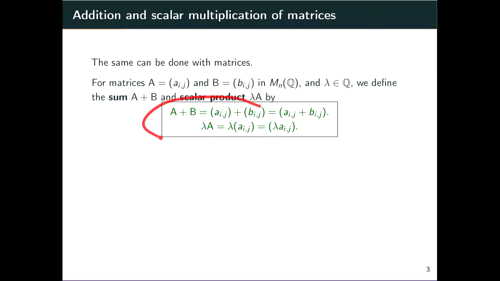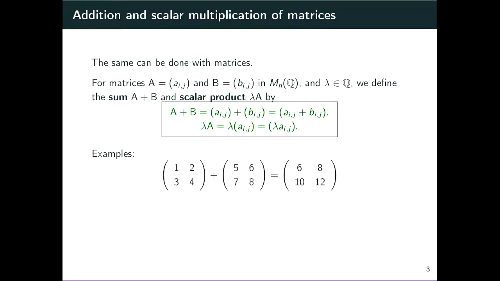So this is kind of a little abstract, so working with an example makes it much easier. If you want to sum these two matrices, then of course 1 plus 5 is 6, 2 plus 6 is 8, 3 plus 7 is 10, and 4 plus 8 is 12. So you need to be careful that you can't sum matrices if they're of a different shape.